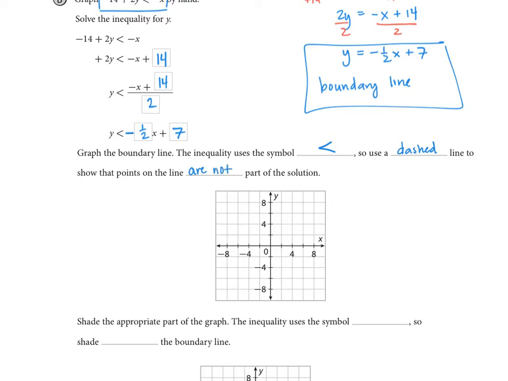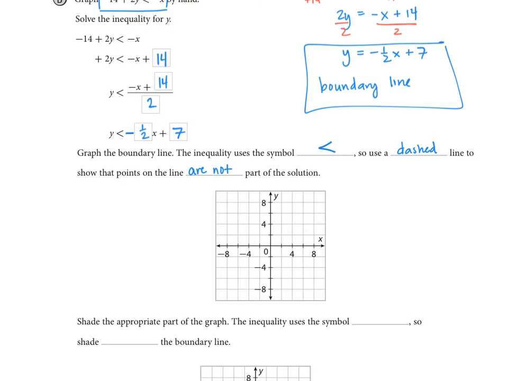So remember that we have less than, and then we have less than or equal to. The less than means that if they're equal to, it's not part of the solution to the inequality. If it was equal to, that means that those numbers would actually be solutions, but we're only looking at strictly things that are less than.